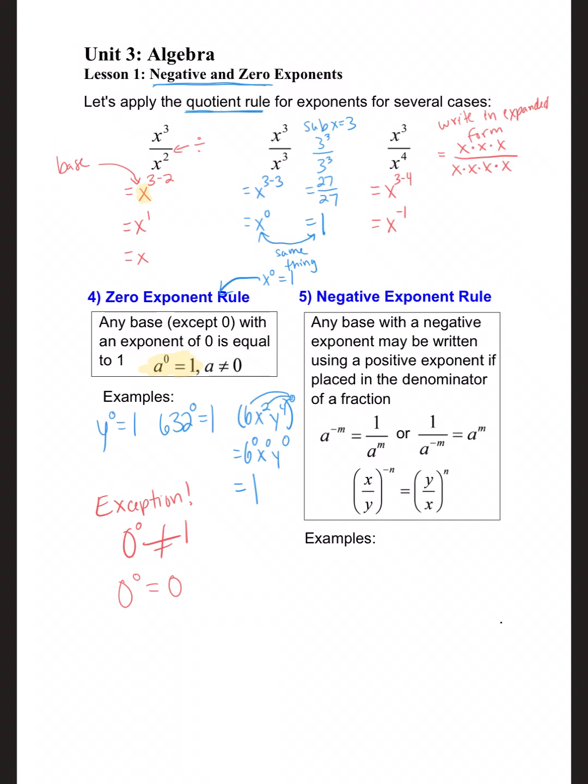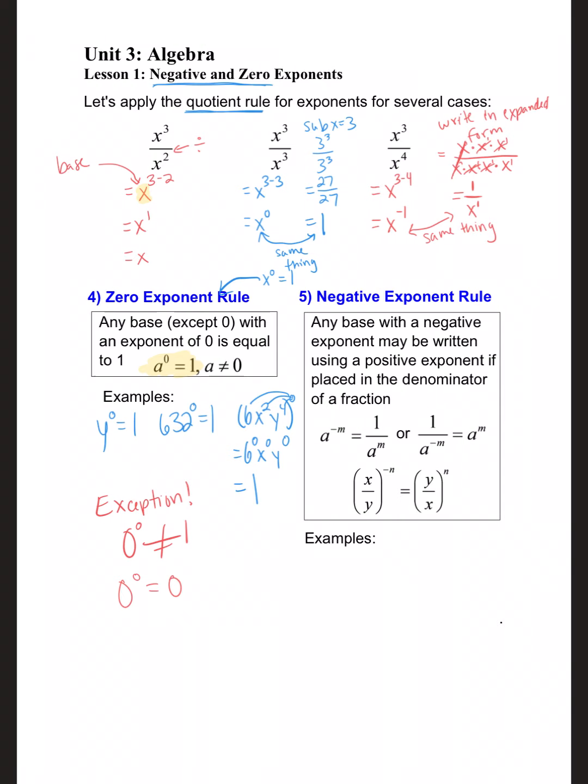If I wanted to simplify this, remembering that all of these have an exponent of 1, which we don't need to write because it's implied, this x is going to cancel out this x, this x is going to cancel out this x, and so on. All we're going to be left with is x in my denominator. So in my numerator, I'll have 1, and in my denominator, I'll have x to the power of 1. Because we've written it in expanded form and then boiled down our division, we can say that these are the same thing.